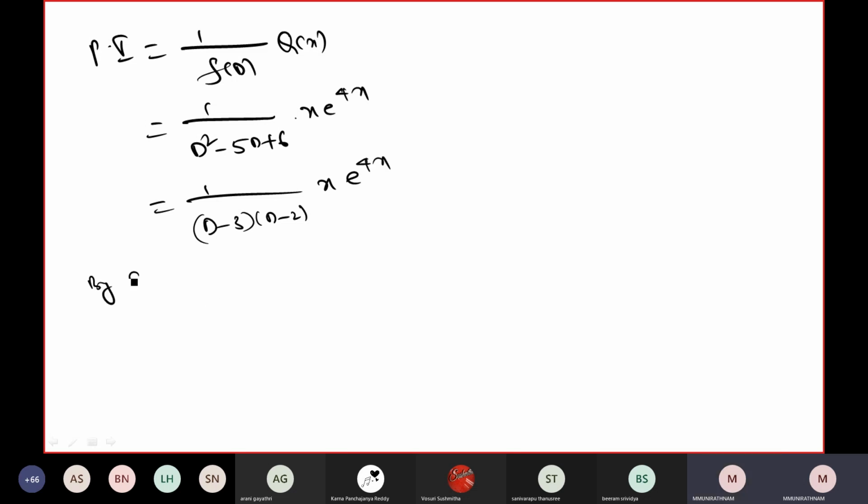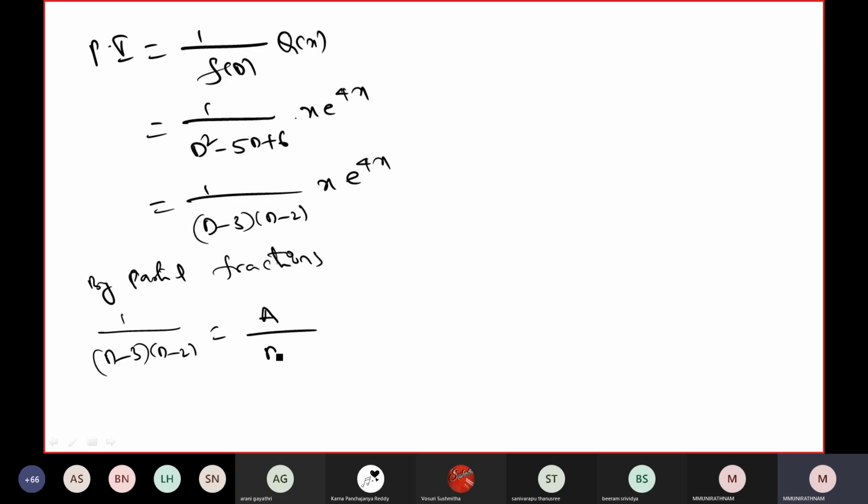So by partial fractions, what is a and b? A equals to -1, b equals to 1.